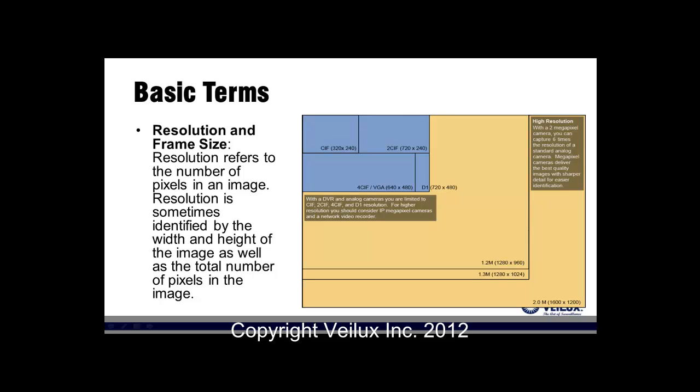Here we've got a diagram showing what 2CIF resolution is, 4CIF resolution, which is VGA, and then 4CIF D1 resolution. You can see the resolutions on those are very small compared to a 1.2 megapixel, a 2 megapixel, a 3 megapixel, and an even larger 5 megapixel.